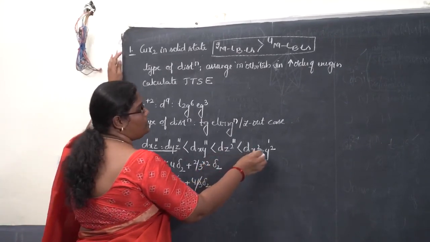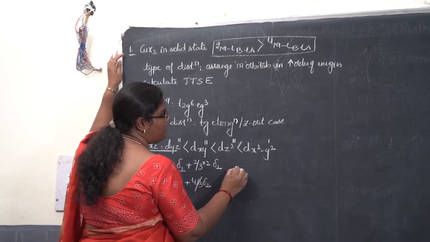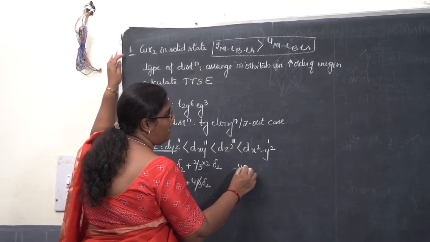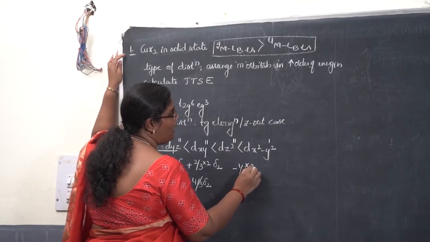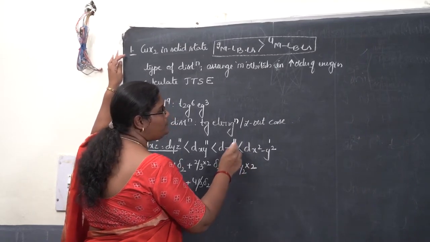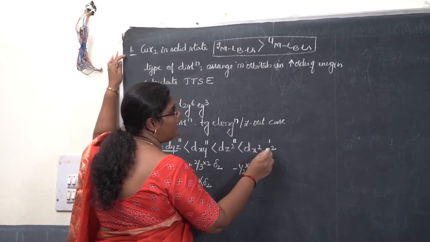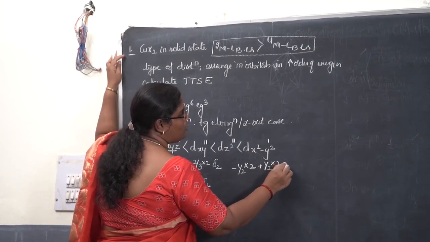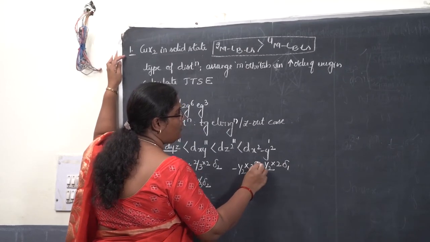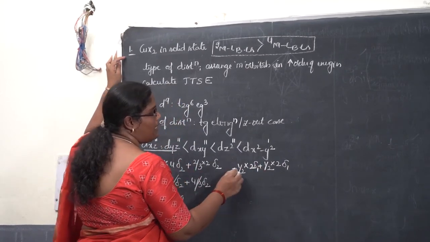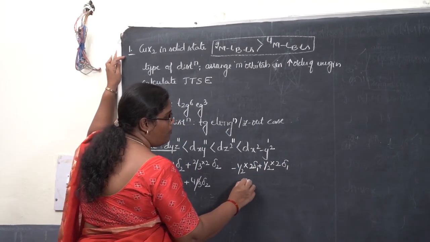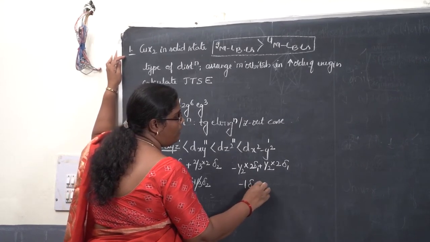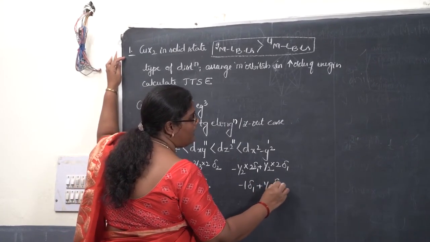Now when you take eg, so here for dz square the energy is minus half into 2 electrons in dz square, plus dx square minus y square, plus half into 1 electron, delta 1. So what is the energy now? Here it is minus 1 delta 1 plus half delta 1.